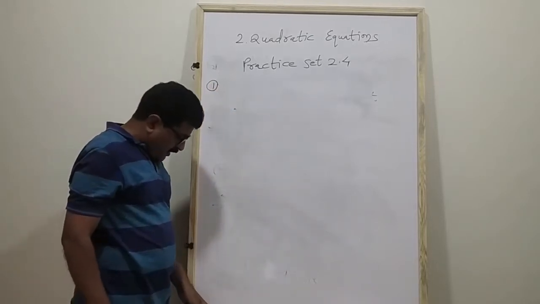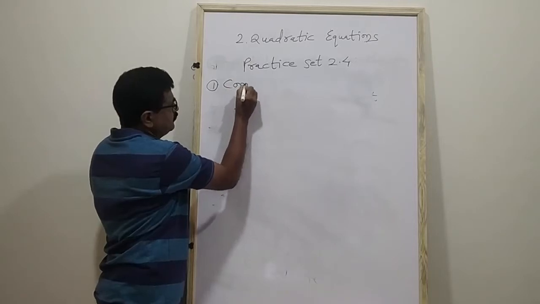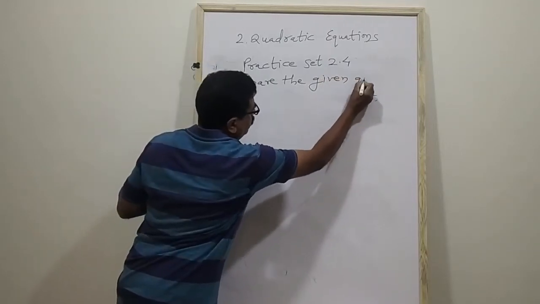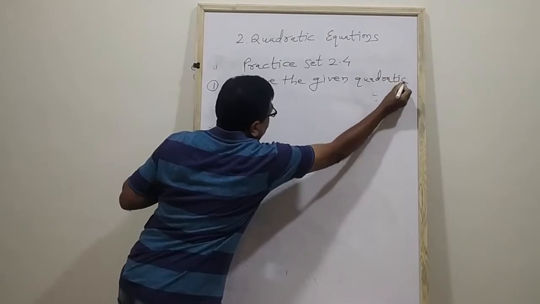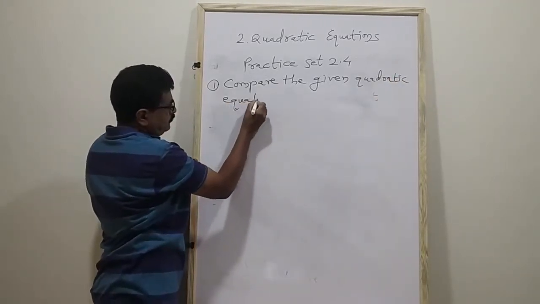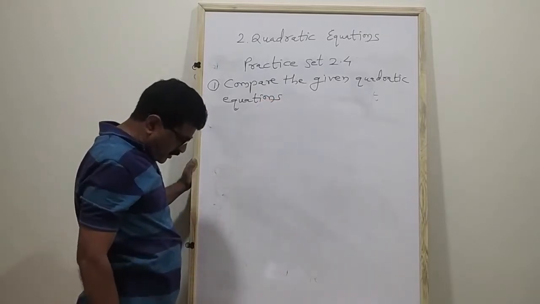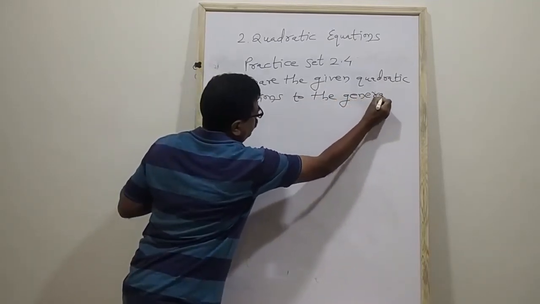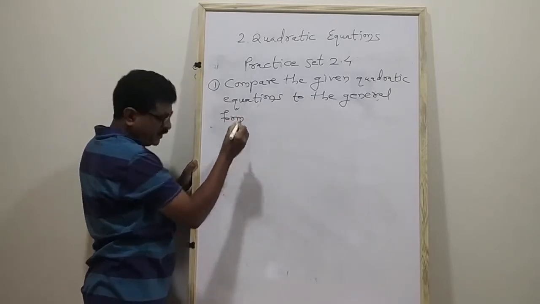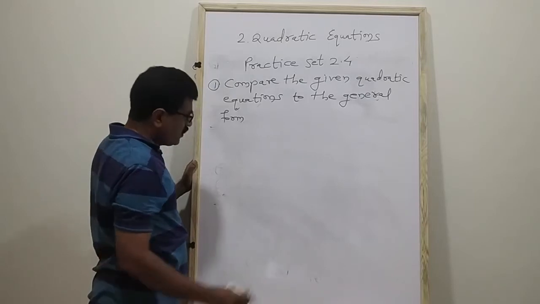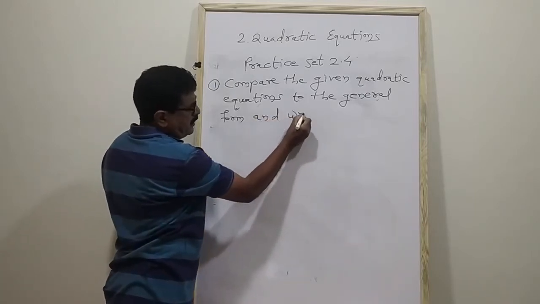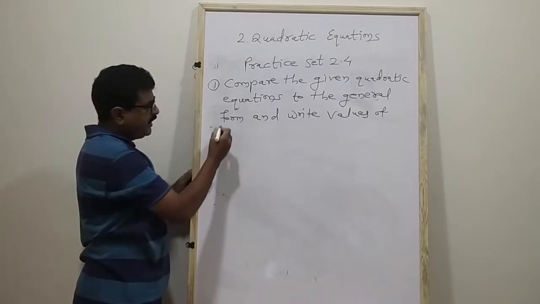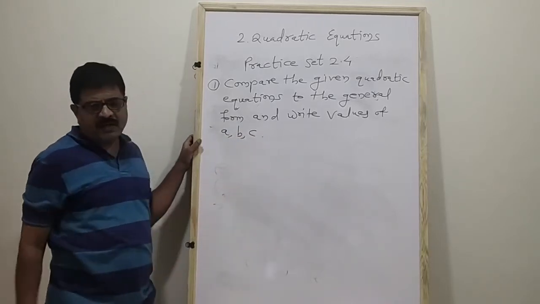Now first example. Question number 1, compare the given quadratic equations to the general form and write values of a, b, c.